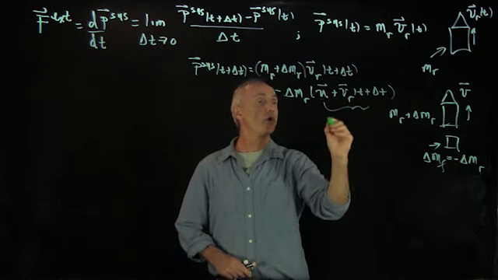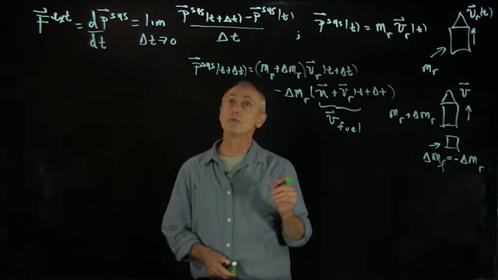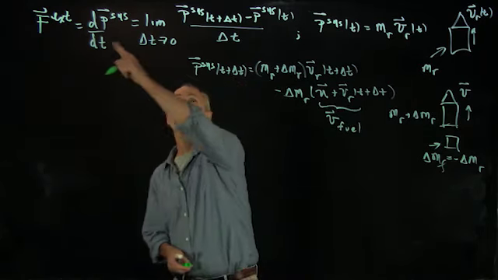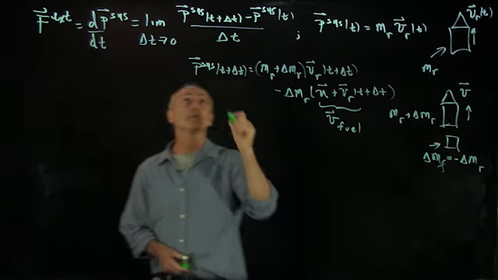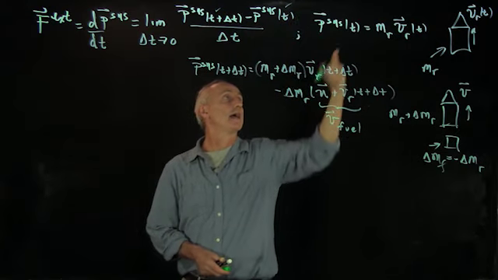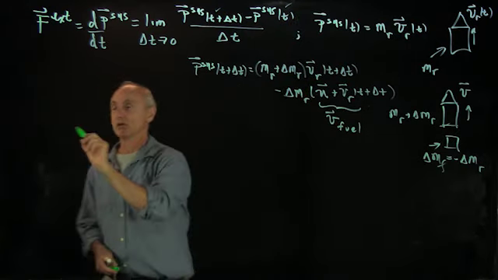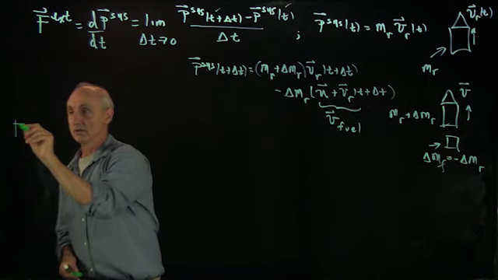And this, recall, was the velocity of the fuel. Now we're in position to apply our momentum principle, because we have expressions for the momentum of the system at time t and at time t plus delta t.